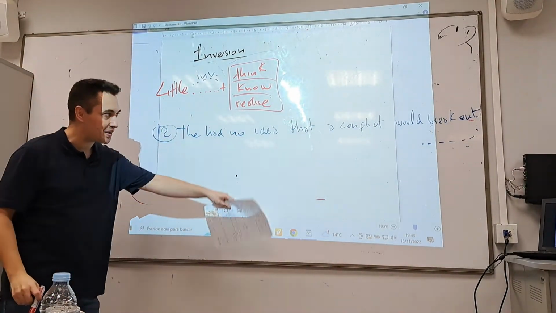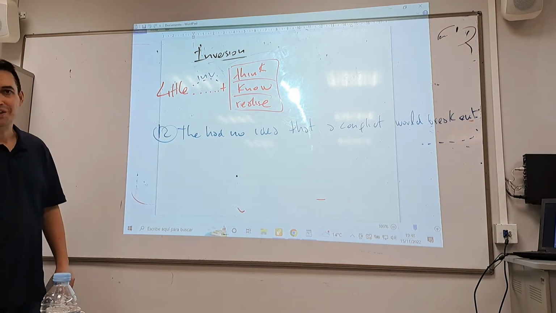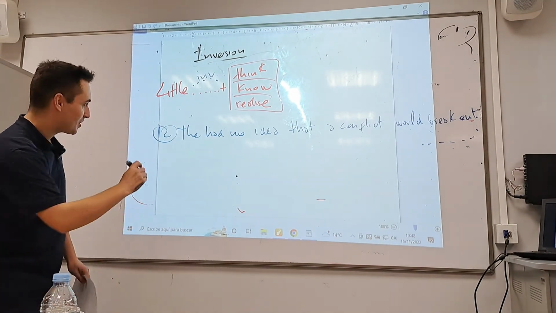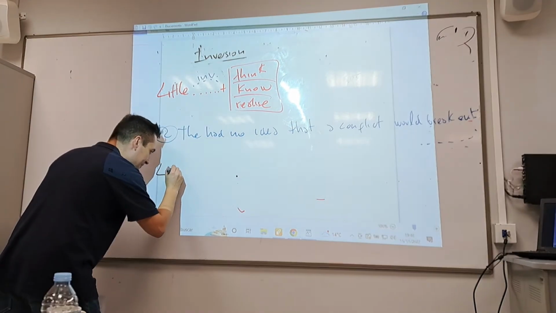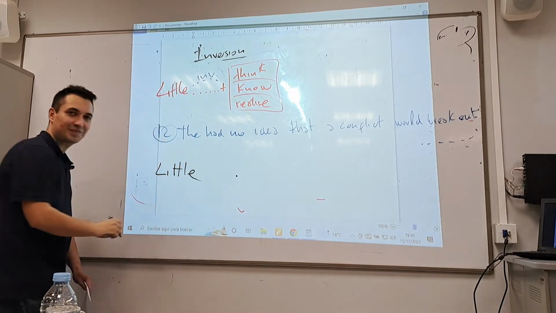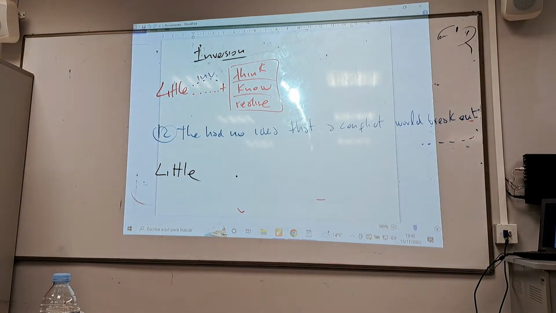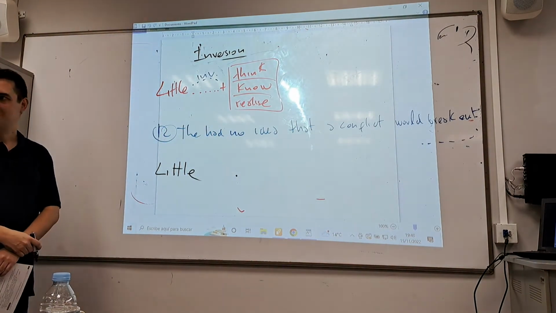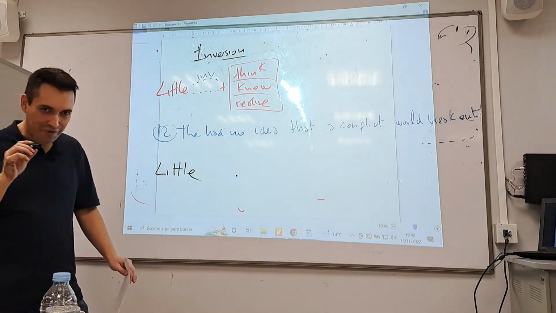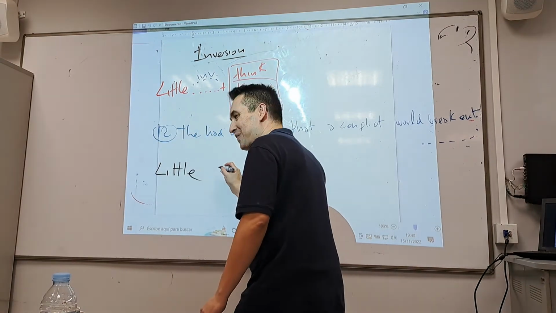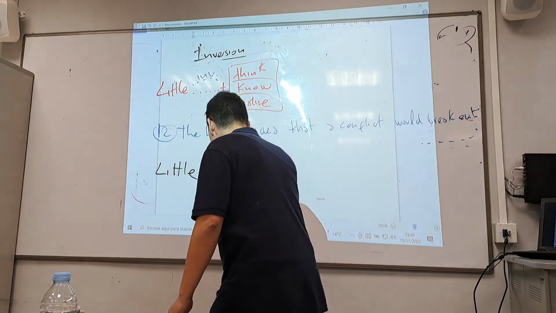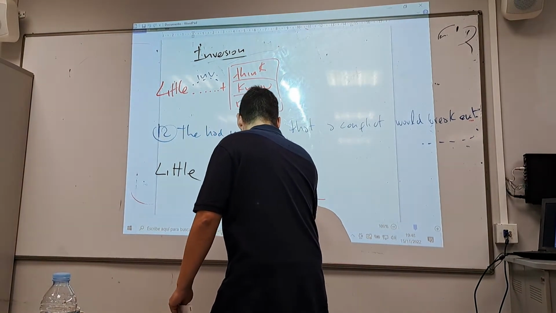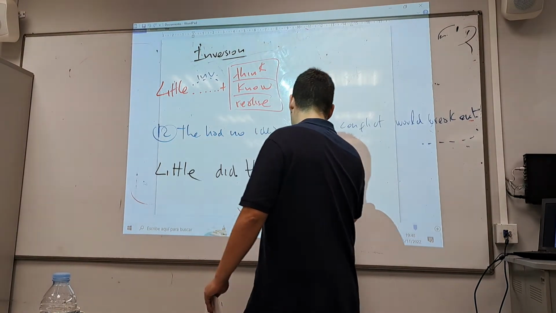They had no idea that a conflict would break out in Ukraine. Starting with little. Give me the inversion. Little and then no, for example. Little did they know. Okay, dictate it to me very slowly, Leon, so I have time to write it down. Little did they know that a conflict would break out in paradise.